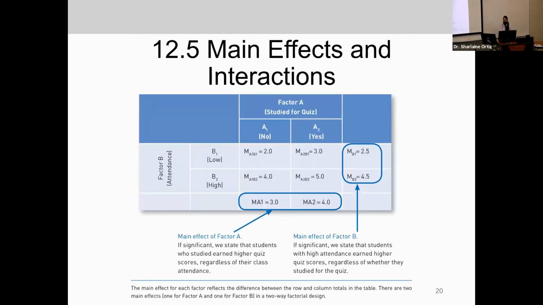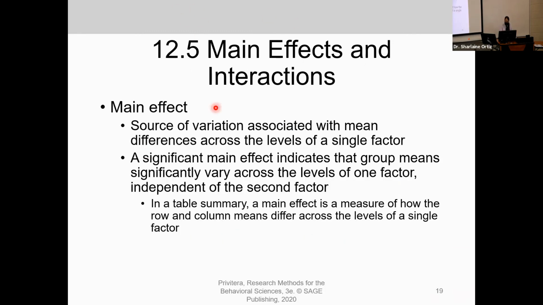Now let's look at them a little bit more in detail. Let's look at main effect a little bit more in detail. Notice that main effect, and again, that's factor A and factor B. Notice that when we are thinking of the main effect, we are looking at that mean difference, right? That average difference across the levels for just a single factor.